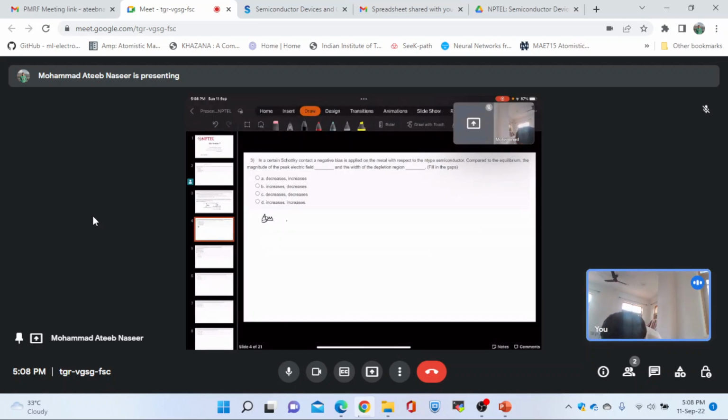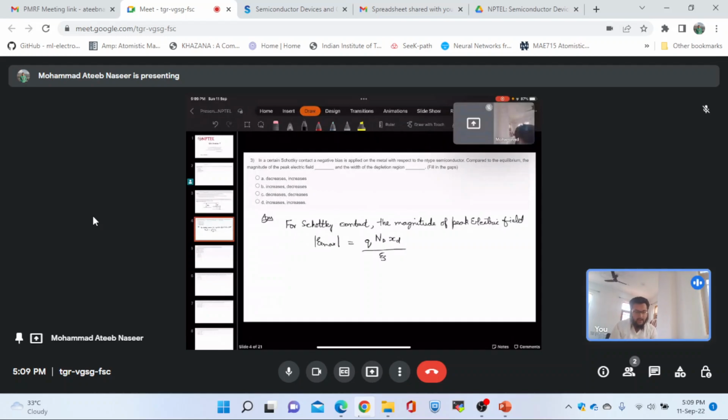Let me write down for a Schottky contact, since we are just interested in the magnitude, the magnitude of the peak electric field is simply given by q times the donor doping Nd, times Xd, which is the depletion width, divided by epsilon s.